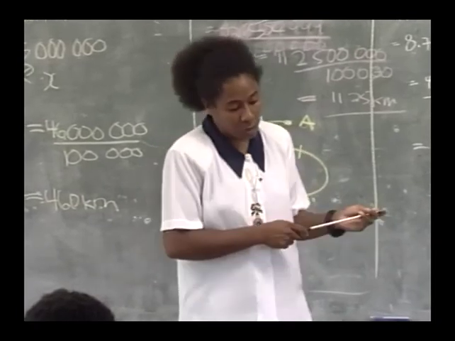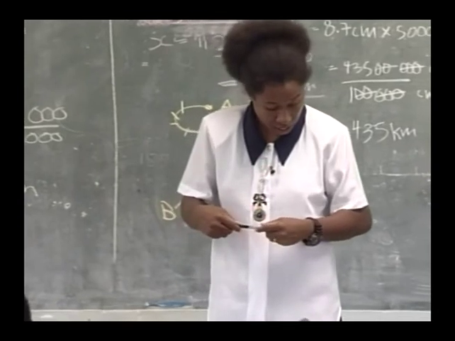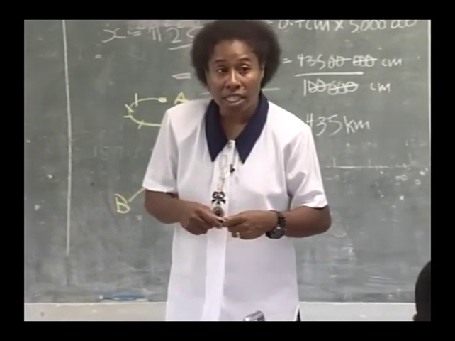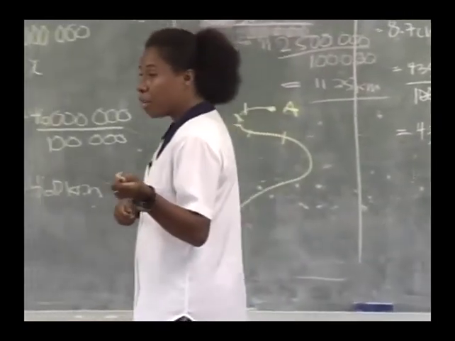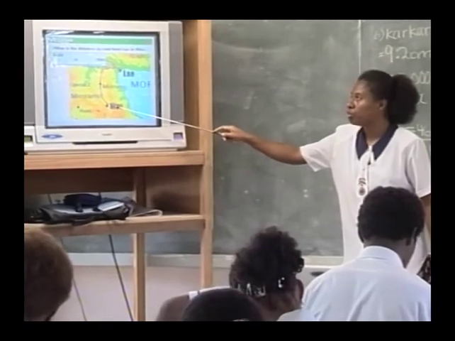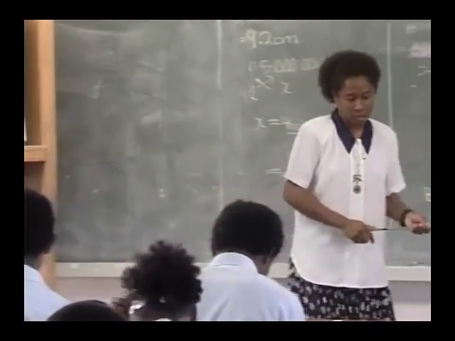And the answer that we should have is 120 kilometers. So by road, it's 120 kilometers from Leh to Wow, according to how we have calculated. Okay, that's for the first one.